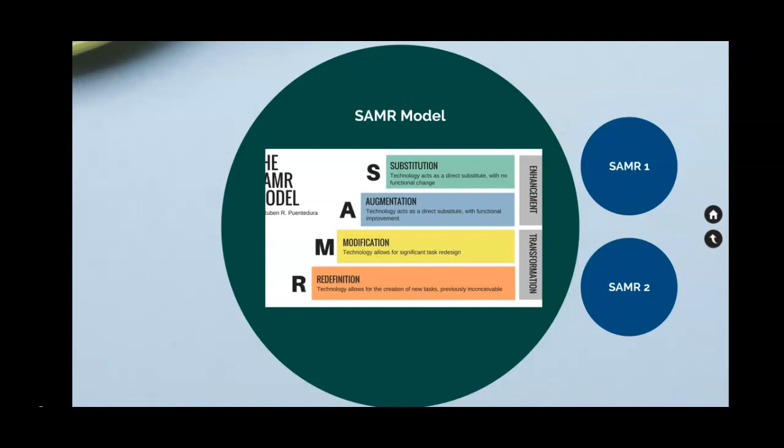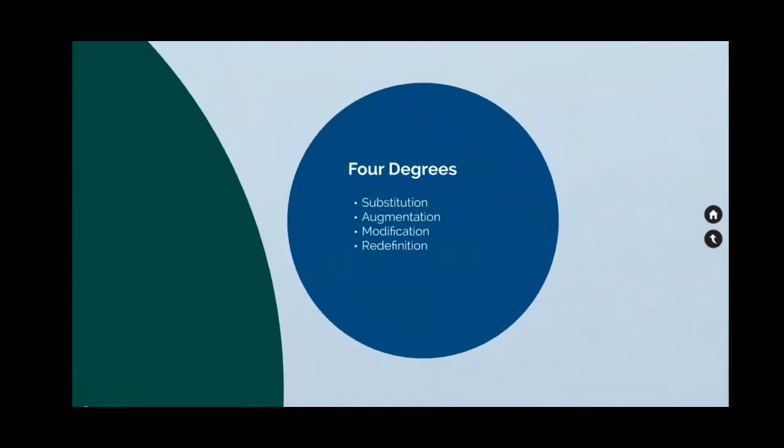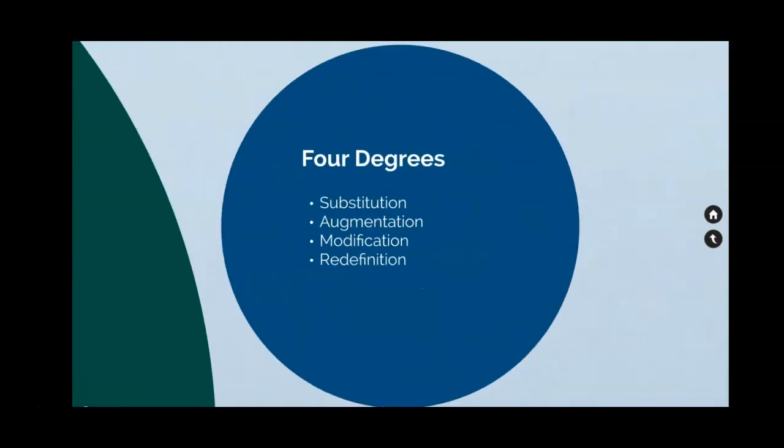Some people mistake it for trying to build your way up to a certain point, and that's not really the case. It's a model that offers a variety or a range of options for how you can integrate technology into your classrooms. So as I said, there's 4 degrees.